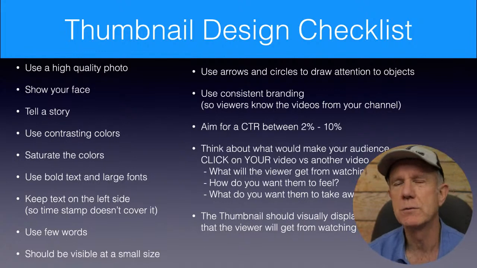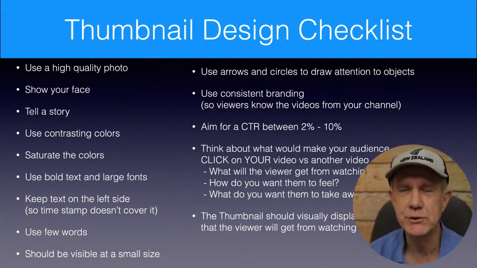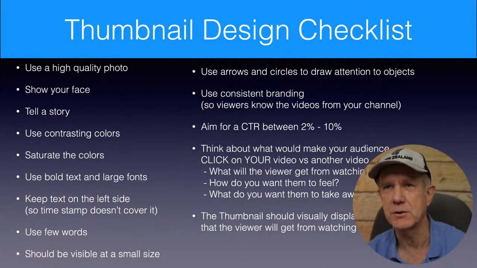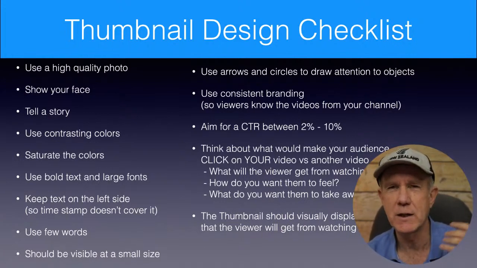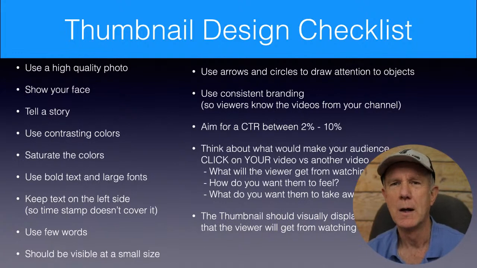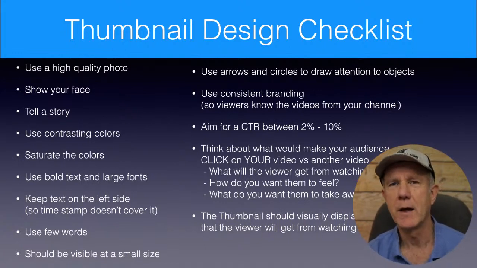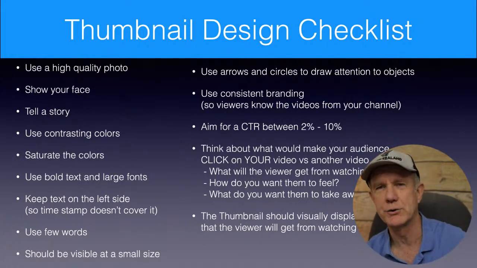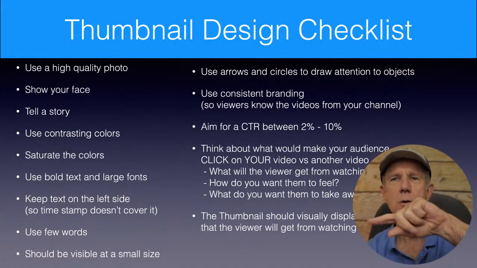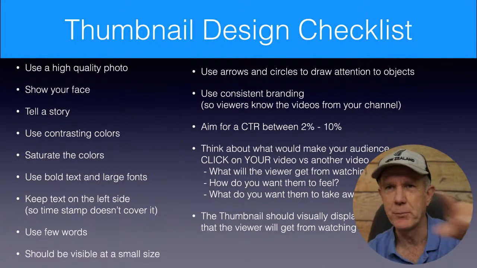You also can use icons like arrows and circles to draw attention to the object. So if you take a screenshot, or you put an image in your thumbnail, then you can put a red arrow, or you can use a circle to circle something.